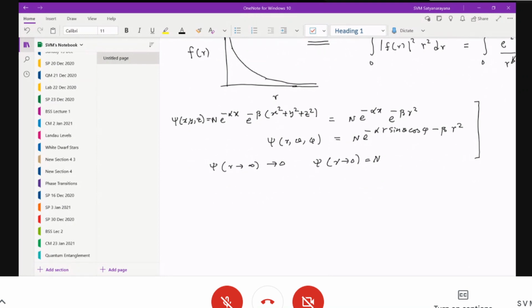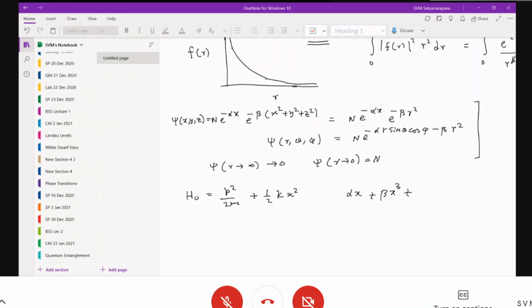Sir, I have another question which I couldn't understand fully. The question is: a one-dimensional simple harmonic oscillator with Hamiltonian H0 equal to p square by 2m plus half k x square is subjected to a small perturbation H1 equal to alpha x plus beta x cube plus gamma x raised to 4.